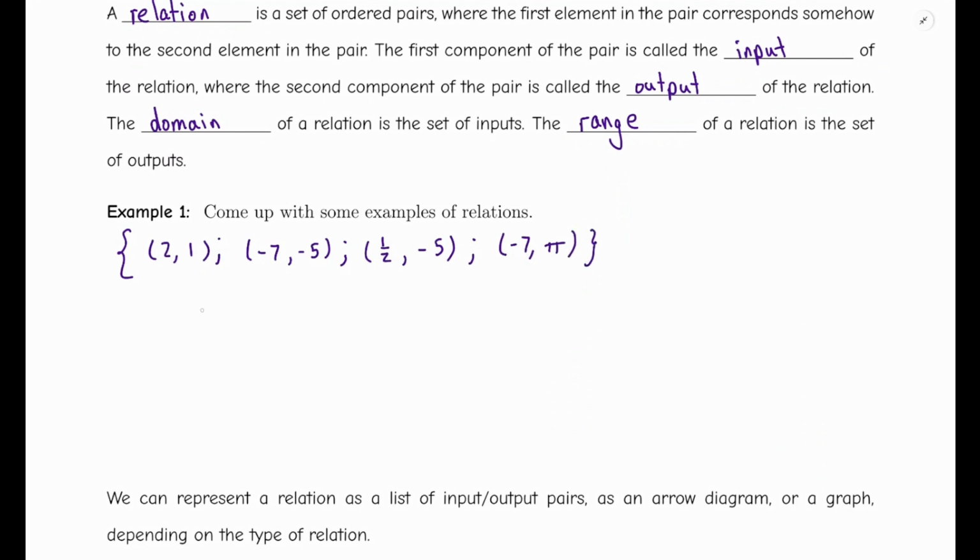Or you can have an equation, x squared plus y squared equals 1. That is a relation where the inputs are the x's and the outputs are the y's.